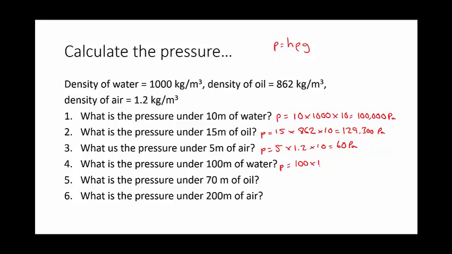Question 4, what's the pressure under 100 metres of water? So that will be 100 times 1,000 times 10, which should give us 1 million pascals. Question 5, the pressure under 70 metres of oil, 70 times 862 times 10.